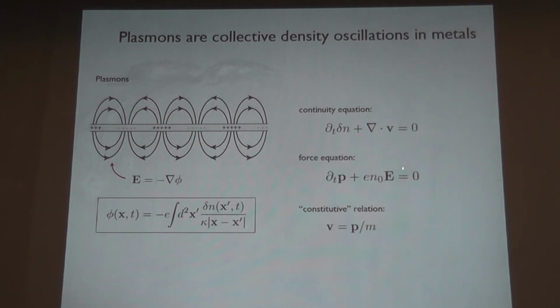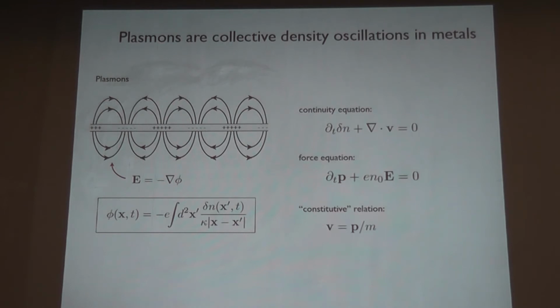And then I would get some electric field, which then drives the momentum. And since I know that momentum is related to velocity by this constitutive relation, velocity is p over m, or momentum is m times velocity, then I know that this will change this current density term here, this v here. And so this is a self-consistent relation that goes back and forth, and I get a plasma.